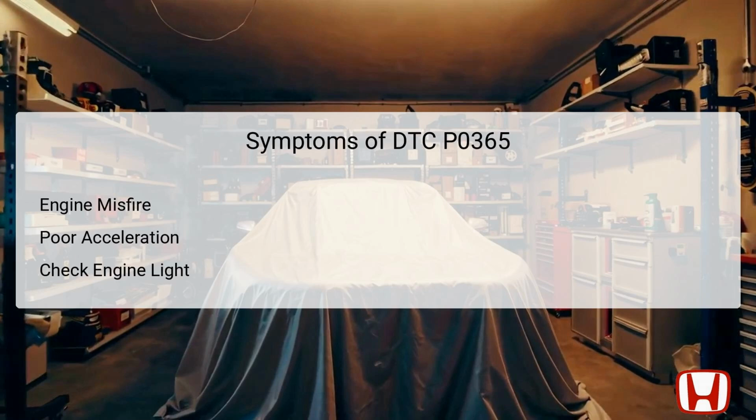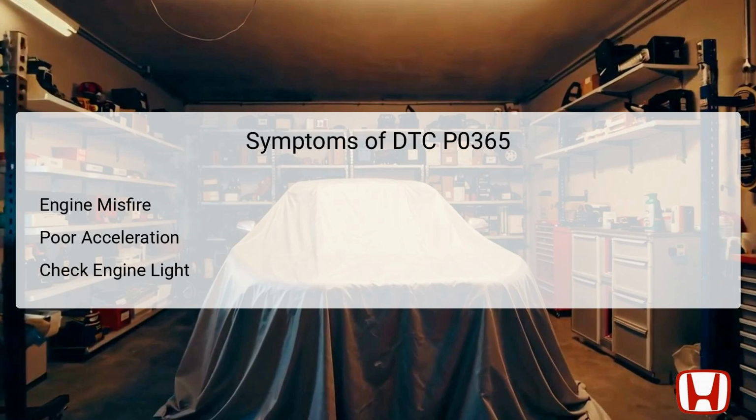When the DTC P0365 is triggered, several symptoms can manifest that indicate a problem within the engine's timing management system. One common symptom includes engine misfire, which occurs because the engine is unable to properly time fuel injections due to an invalid signal from the CMP sensor B. Another symptom is poor acceleration.